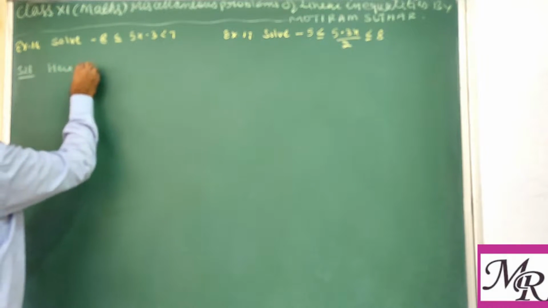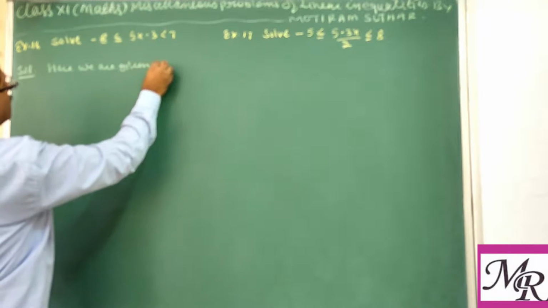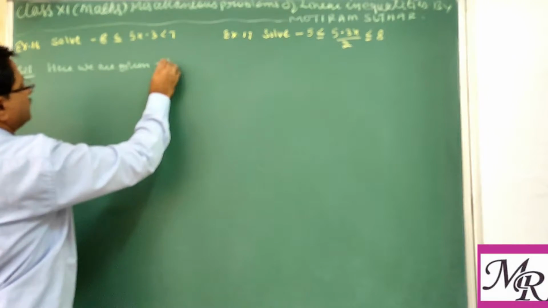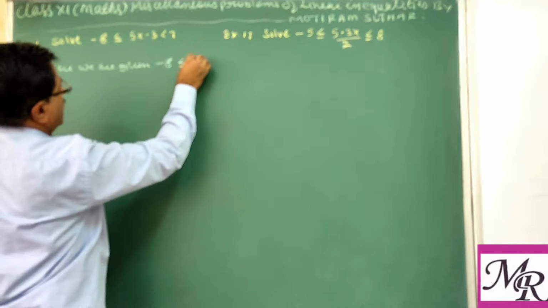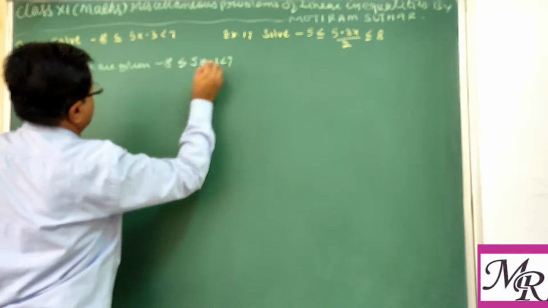we are given -8 less than or equal to 5x minus 3 less than 7.